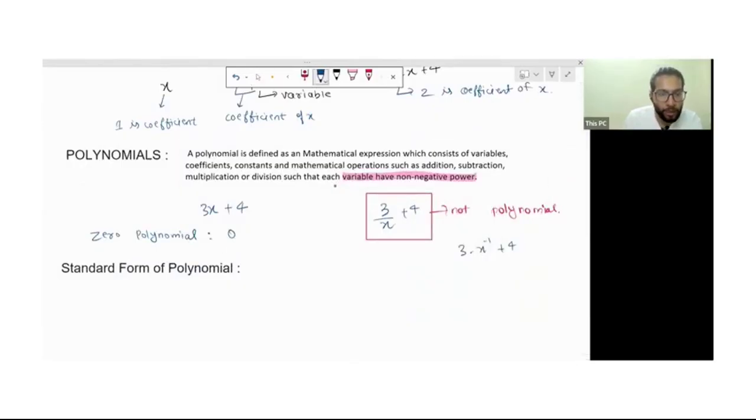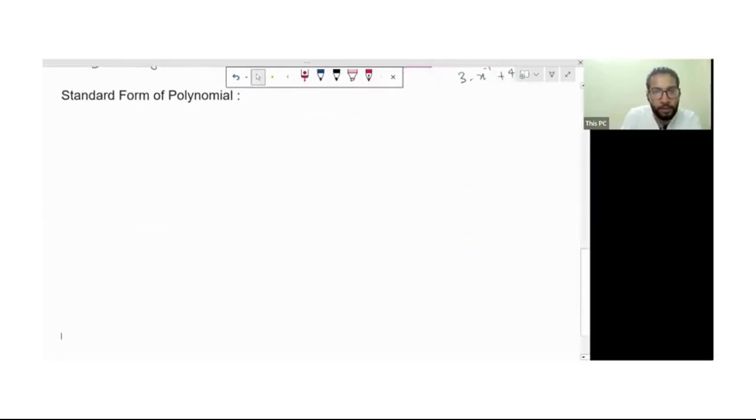Now I am going to cover the standard form of polynomial. So if we represent any polynomial using the term f(x), I can write f(x) is equal to a_n x to power n plus a_(n-1) x to power n minus 1 plus dot dot dot plus a_0. Okay, this is the standard form of polynomial, which I am explaining by example.